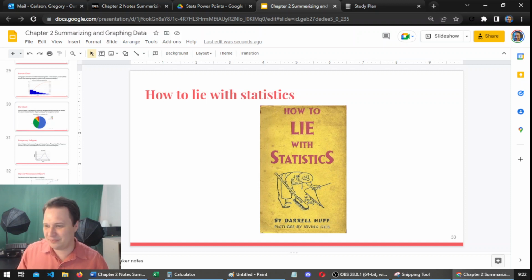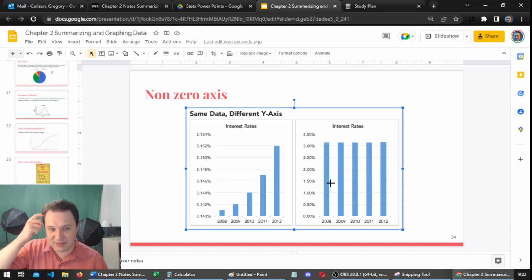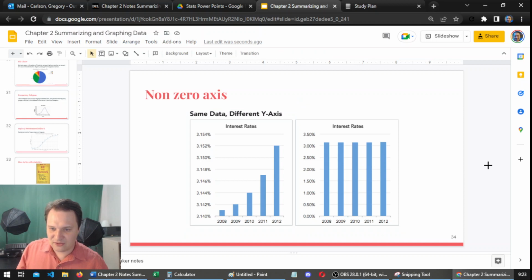So we've already looked at a little bit of two ways to lie with statistics. The first way is to have your bar graph not start at 0. So these two bar graphs represent the same data, okay? The interest rates from 2008 to 2012 for a company or for some bond or something. So they both represent the same data.